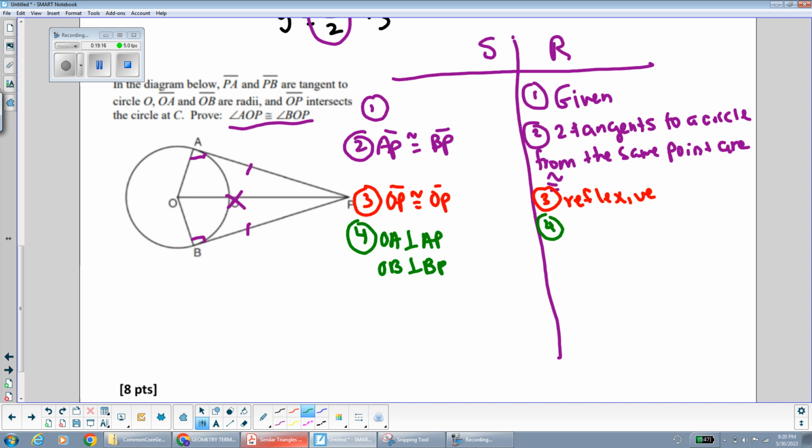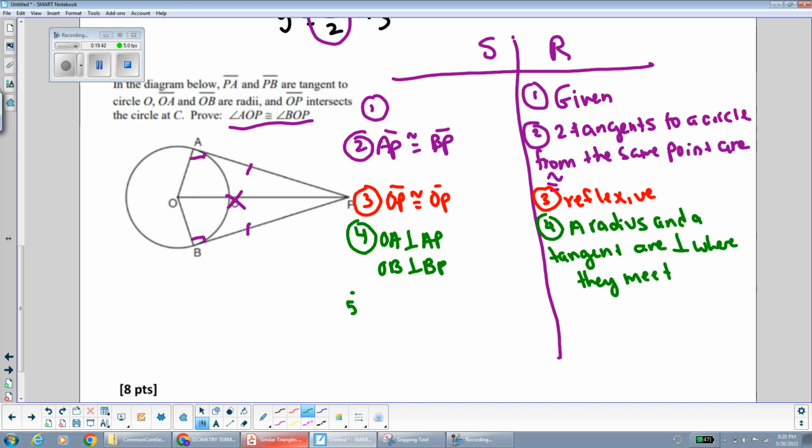Okay, so here's where I'm talking about why these are perpendicular to each other. A radius and a tangent are perpendicular where they meet.